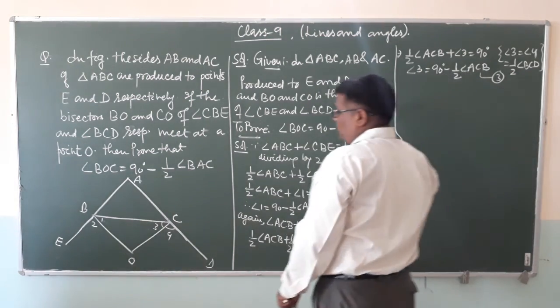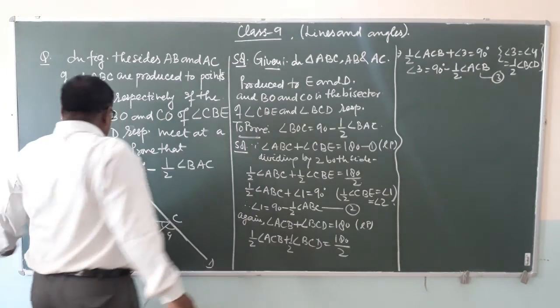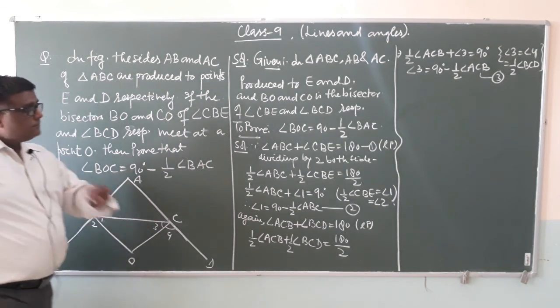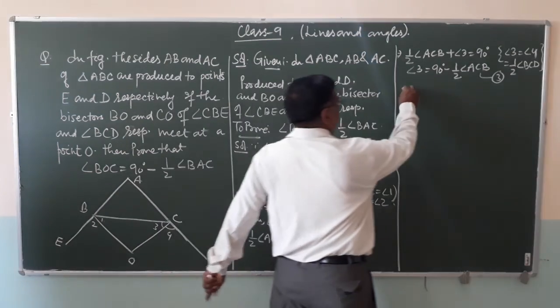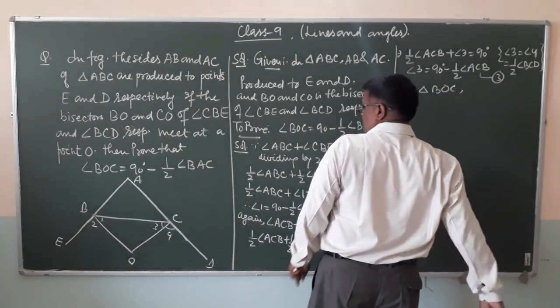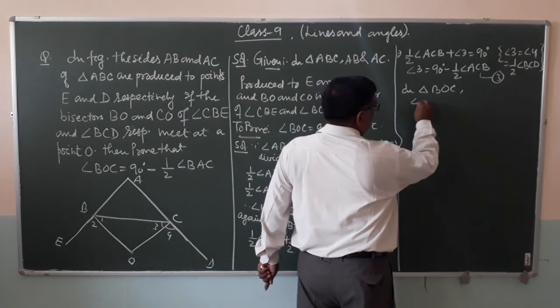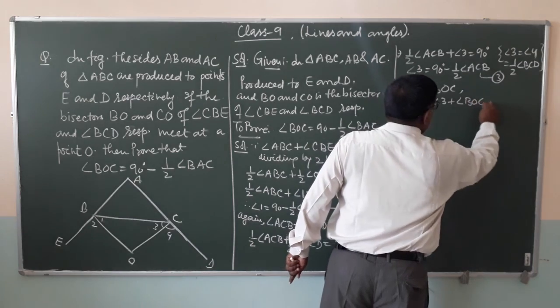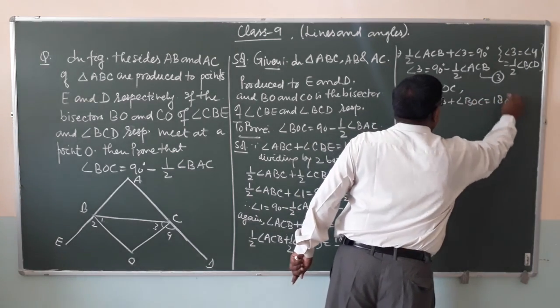And now in triangle BOC, angle 1 plus angle 3 plus angle BOC is equal to 180 degrees.